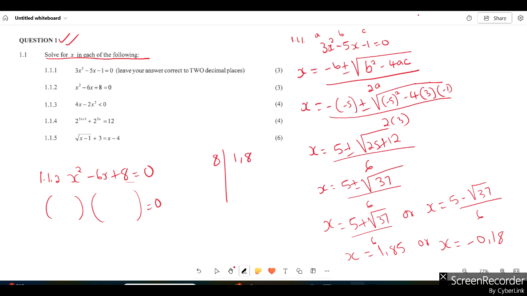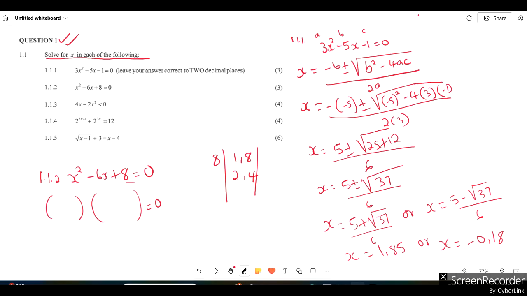1 goes with 8, because 1 times 8 is 8. And then 2 with 4, because 2 times 4 is 8. These are the factors of 8. Guys, we need to look for the two numbers.